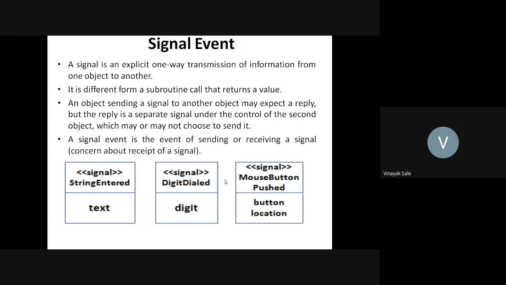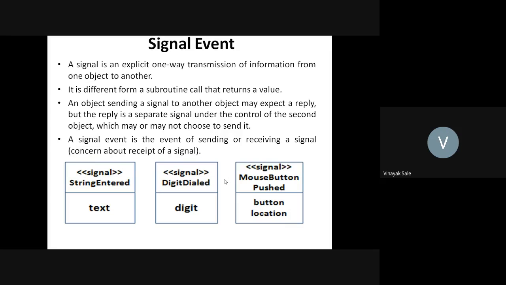So, a signal event is a one-way transmission of information from one object to another object. When you're traveling on a road or highway, there are traffic signals. The red signal shows stop, yellow is to be ready, and green shows go.